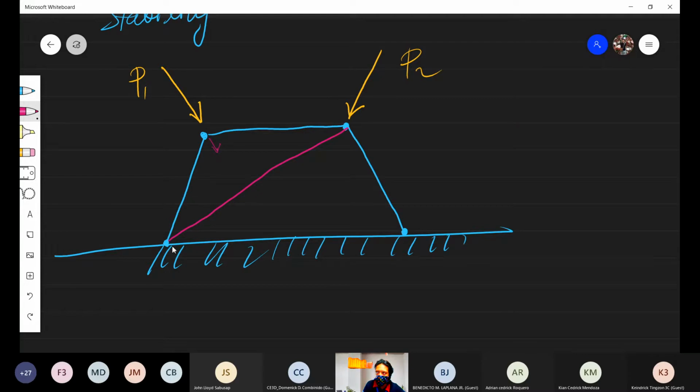Supports are always considered rigid. And this also can't move because of this member right here. Because of this member, the whole structure became stable.